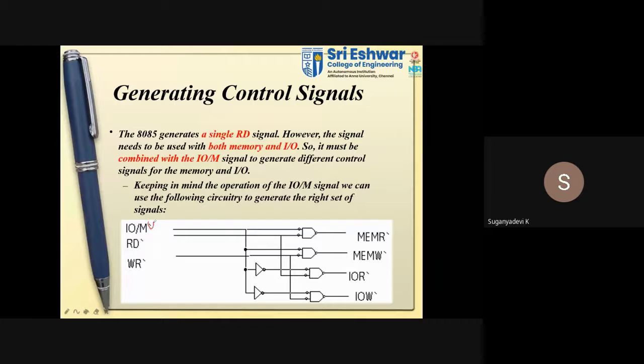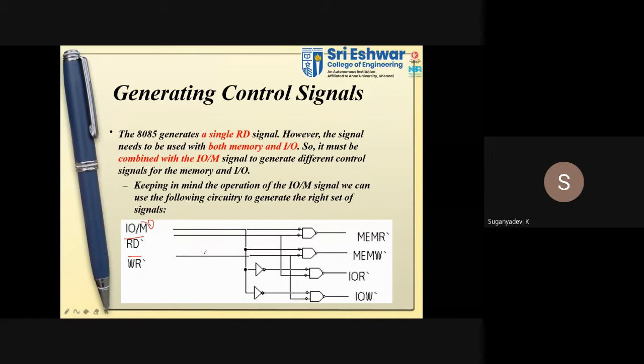What is the bar? Bar means this particular function gets into active low state for the operation. IO/M bar, read bar, write bar, all these signals are active low signals. This is what is given here.